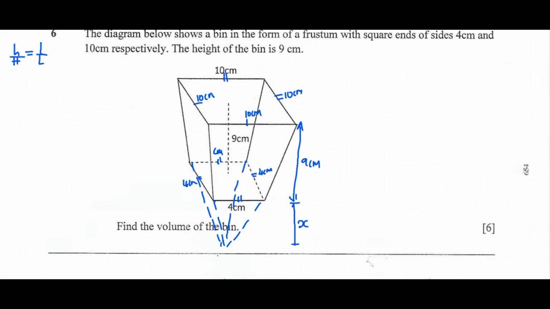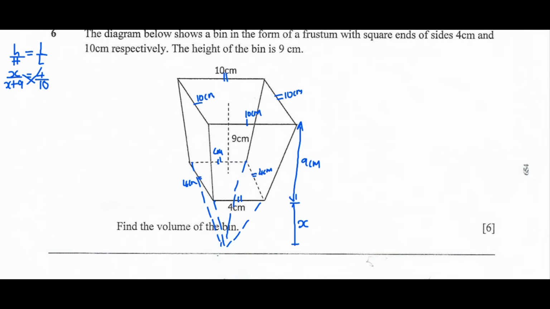The height of the smaller pyramid is just x. Then the height of the large pyramid will be x plus the height of the frustum, so x plus the given height. Then the length of the smaller pyramid is 4 centimeters, so we put 4 here. The length of the large pyramid is 10 centimeters, so we have 10 here.